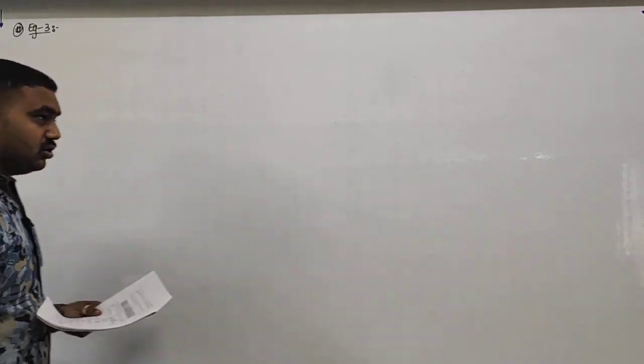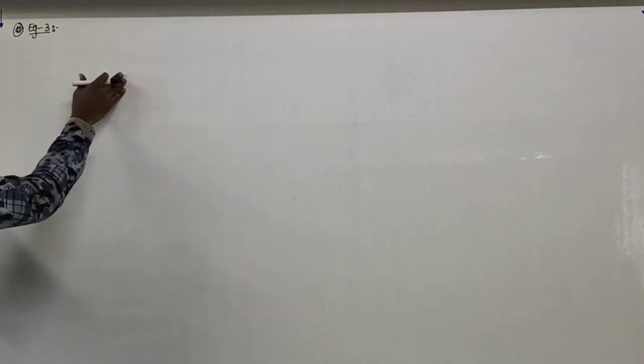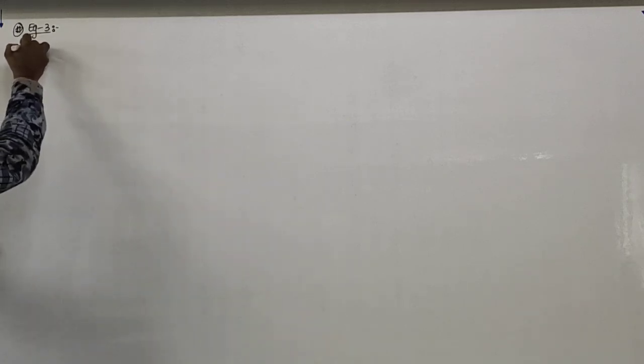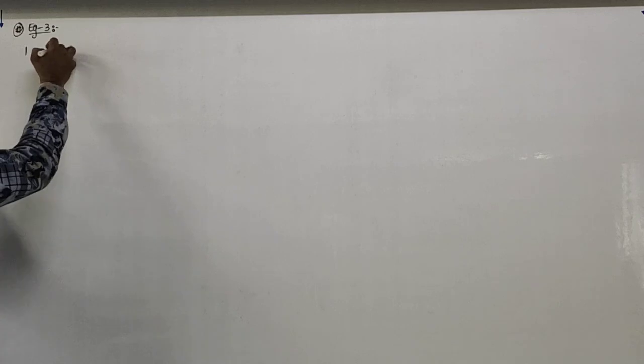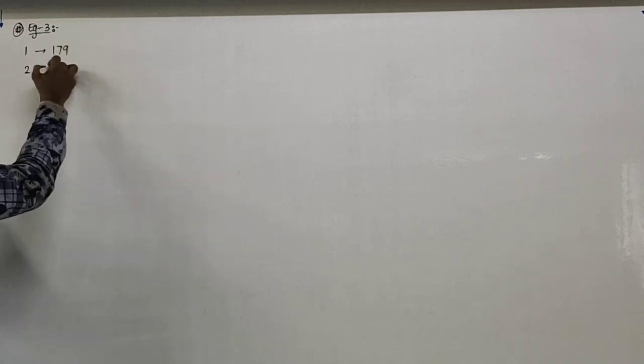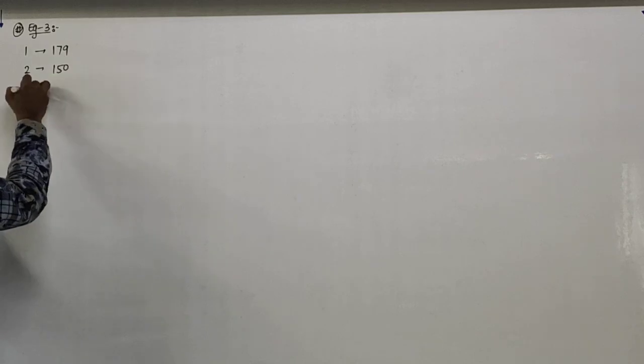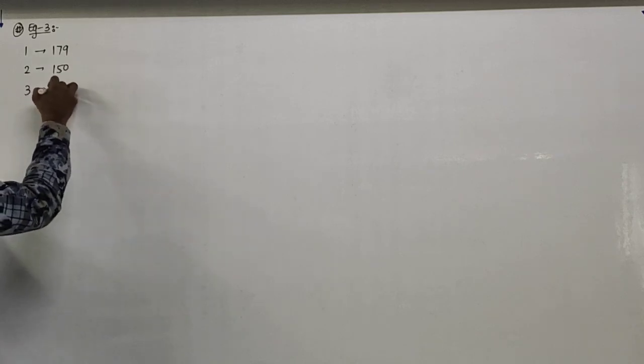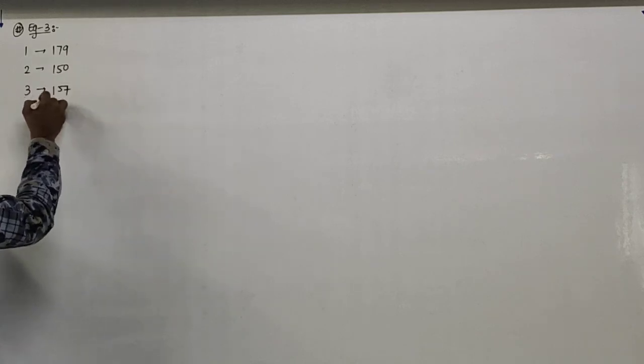So I will not write down the complete table. I will just write down the outcomes. For outcome number 1 we have 179. For outcome number 2 we have 150. For outcome number 3 we have 157.